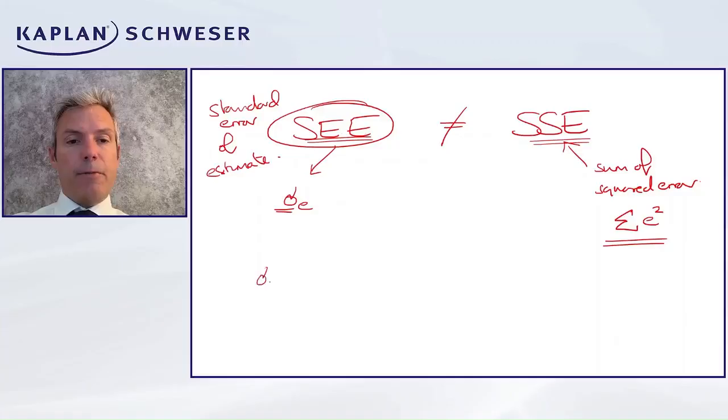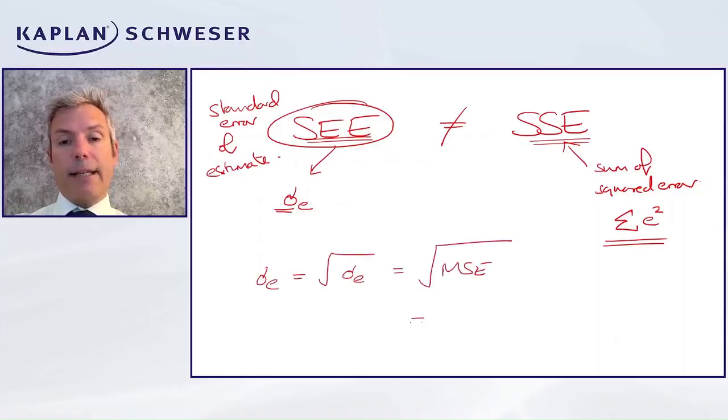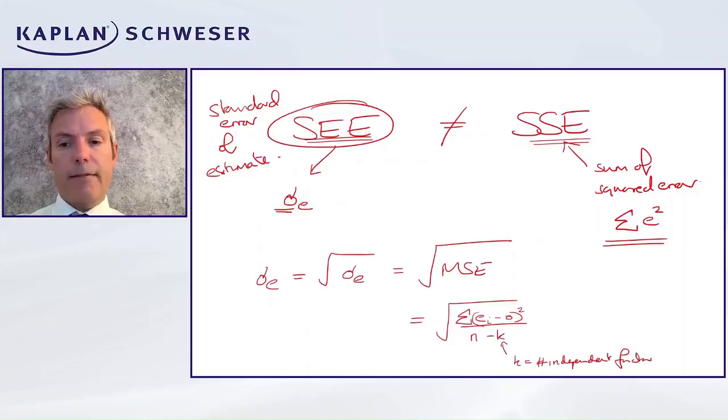is the volatility of your error term, your residual. And the volatility of your residual, of course, is the square root of the variance of your residual. Your unexplained variance is referred to as the MSE. And your MSE, if you think about it, is how far I am away from an expected value of 0, squared, summed up. So my squared deviations. If you like, sum up my error terms across all of them, minus 0 squared, divided by the degrees of freedom associated with the error term, which we've already said is n minus k minus 1, where k is the number of independent factors, the number of x variables you're using.